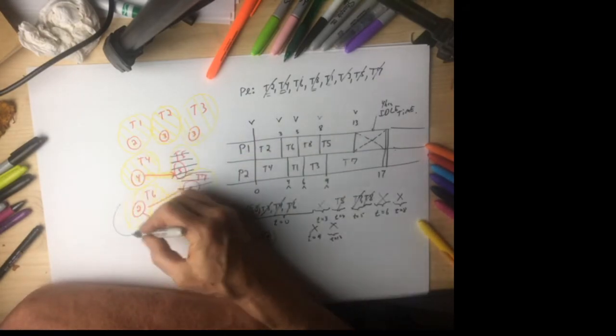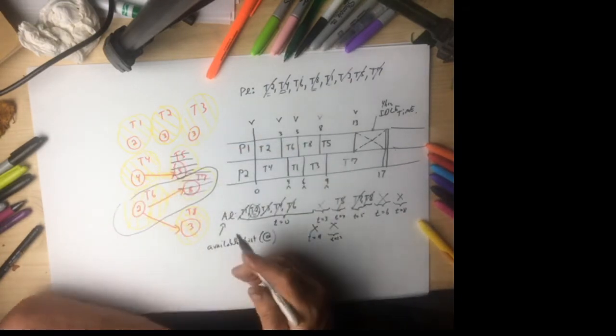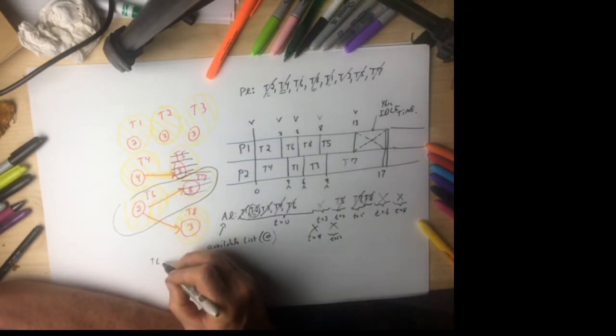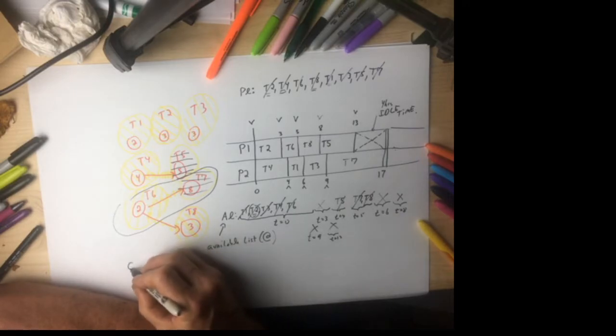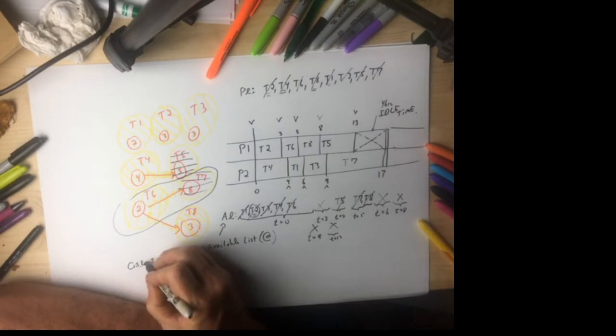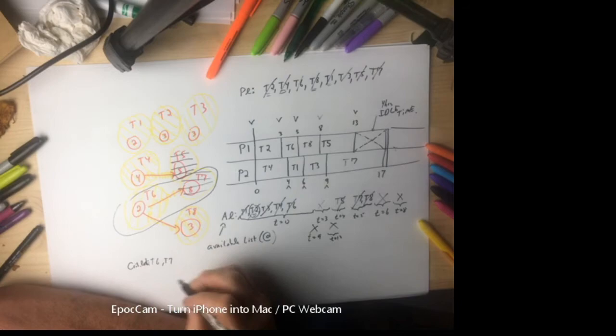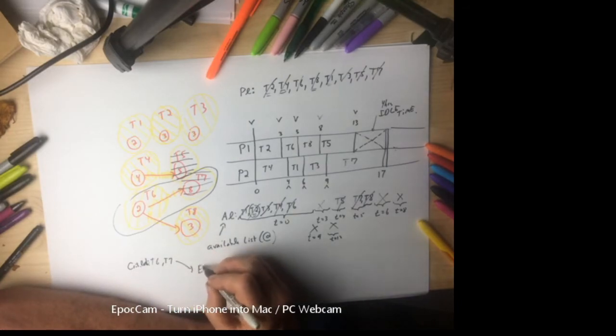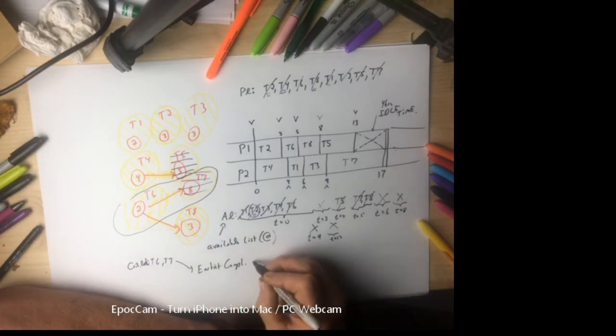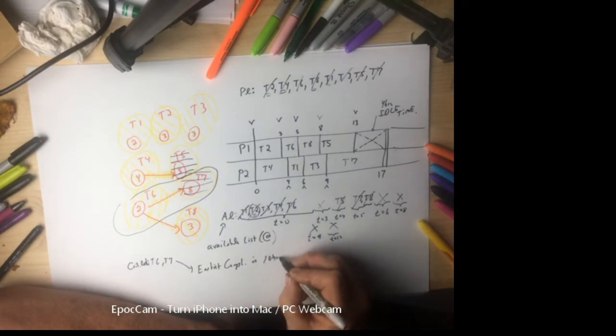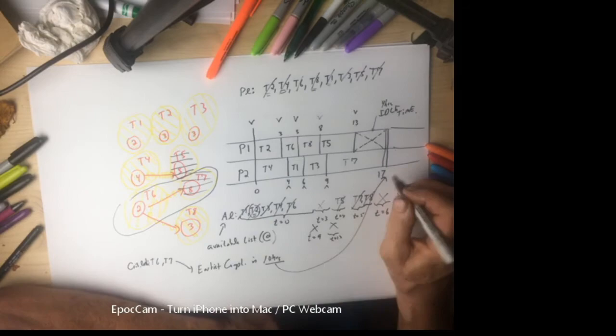Well, the 10 is the longest path through here, so T6 followed by T7. That is the critical path, which says the earliest completion time is 10 hours. Well, we didn't hit that either.